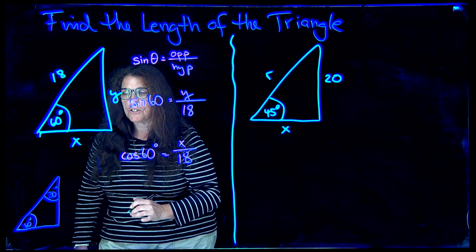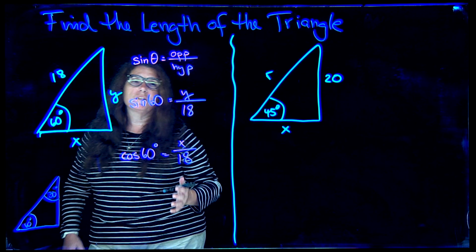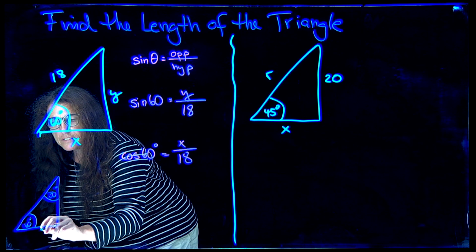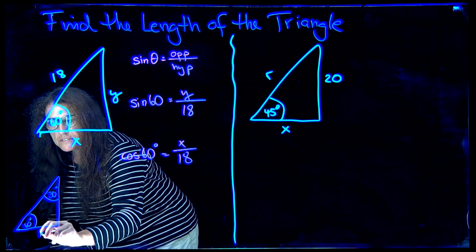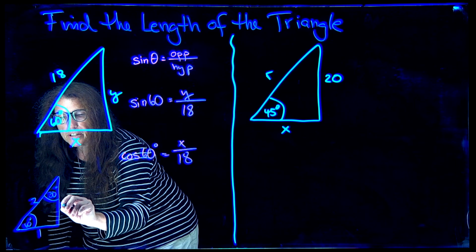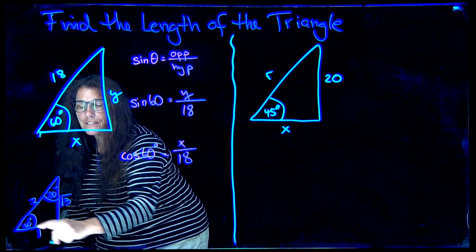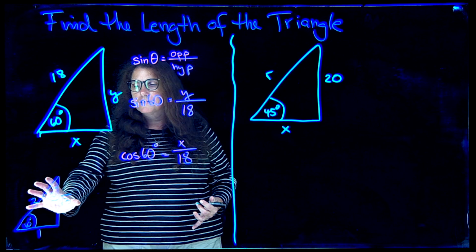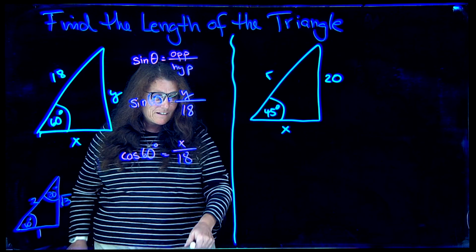What is the relationship that we've been talking about for days now? The side opposite to 30 degrees is 1, the hypotenuse is 2, and the other side is square root of 3. This is the triangle you definitely need to memorize, and I'm going to use this relationship to find x and y.